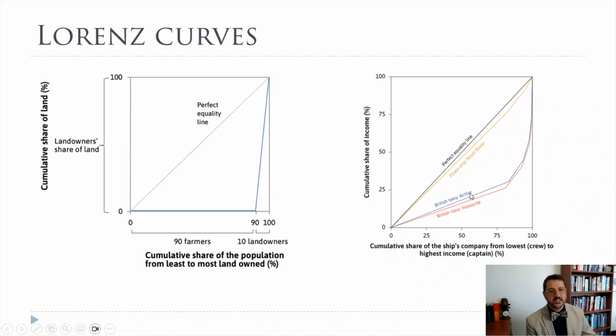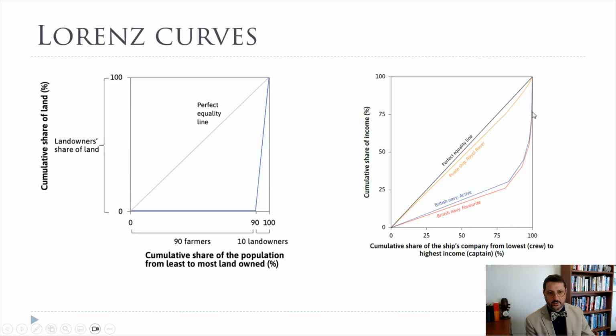And what we can see is that if we look at the active British Navy, there's a group of sailors that earn the same amount. They make up about 80% of the crew. And then we start getting higher pay, right? So we get higher pay. I don't know exactly what the British Navy calls them, but petty officers and then officers. And then we can see that the highest paid person on ship will be the captain, and it looks like they earn a lot of the income, right?